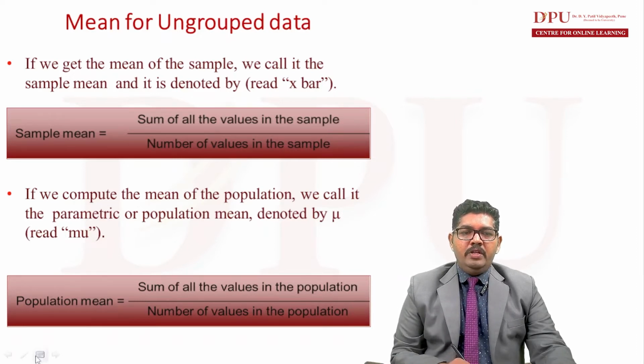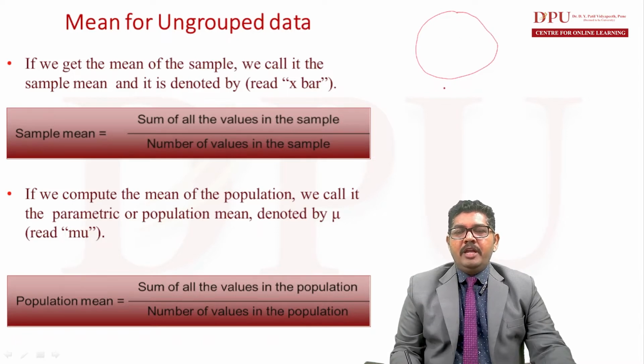Now we know what a sample and a population are. Population is the total number of items under investigation, but many times the population is very large, and that's why we cannot observe or study each and every element in the population. That's why we take representative samples, which are portions of the population.